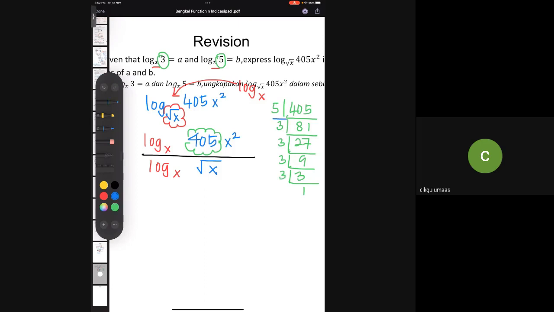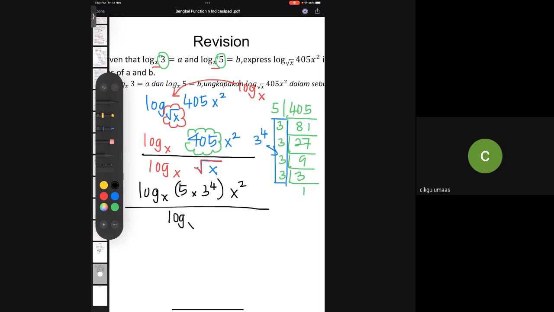So this clearly can be written as 3 to the power 4. So when I rewrite this back again, I will write 5 times 3 to the power 4 in brackets, and X to the power 2 for the top. For the bottom, you see there's a square root. So the square root is exactly equal to the power 1 over 2.